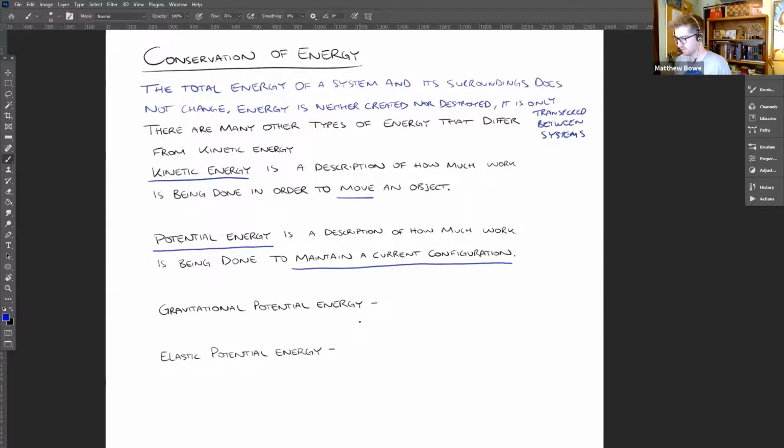Gravitational potential energy. Maintaining a current configuration, what does that mean for gravitational potential energy?